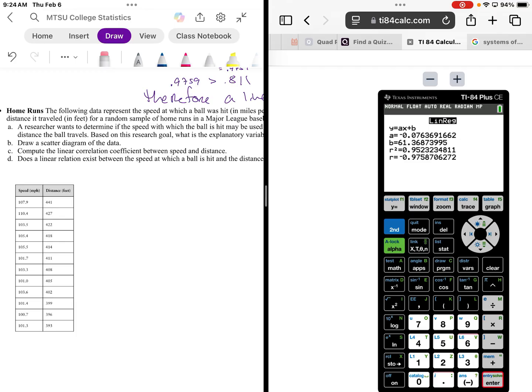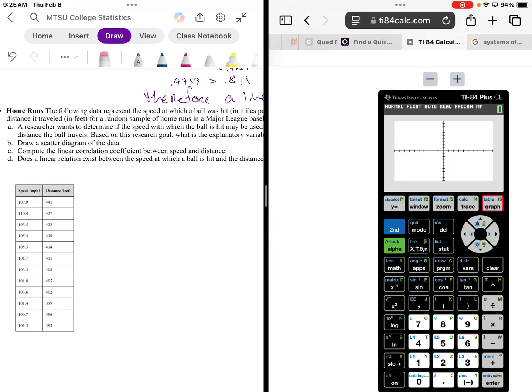So just to show you how you can do a scatter plot on the calculator, in case you forgot. We go into our stat plot, so go second y equals, turn our stat plot on. So we enter on the first one, press on. The very first type is set up as a scatter plot. Then we just make sure we choose the correct X and Y list so it knows how to graph it.